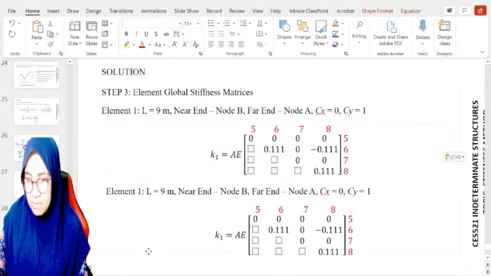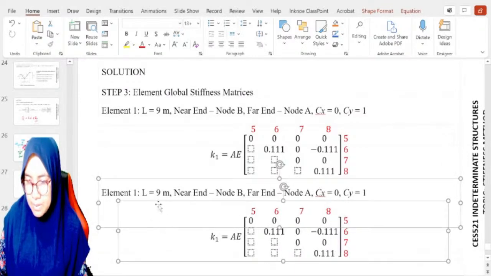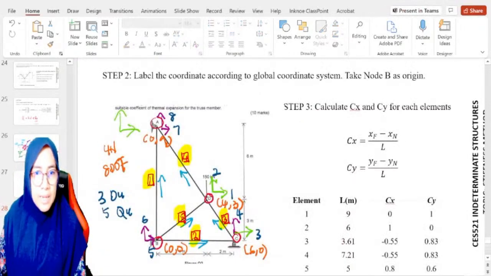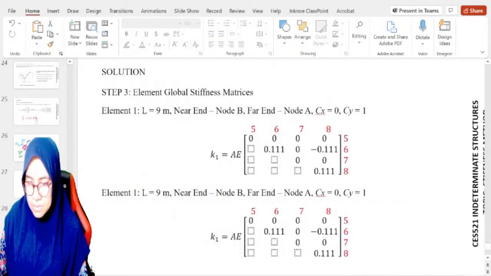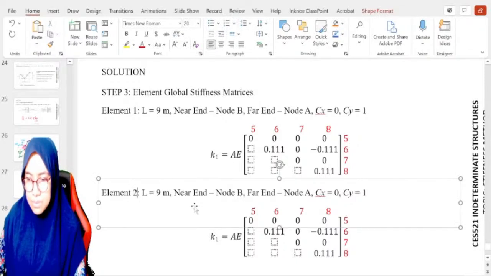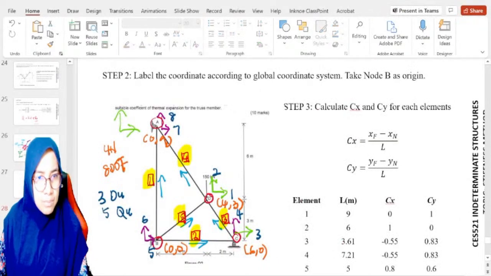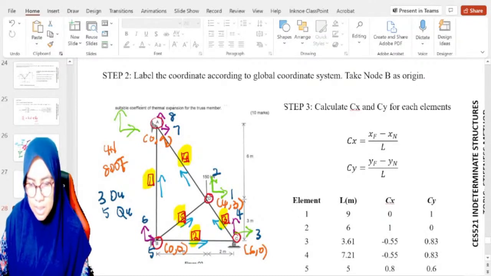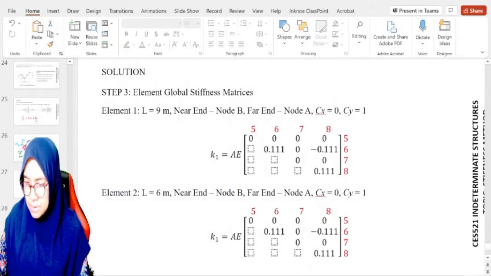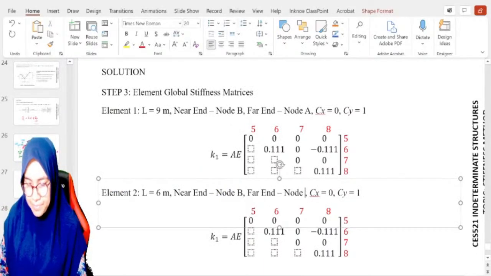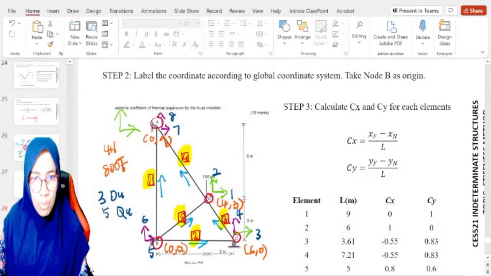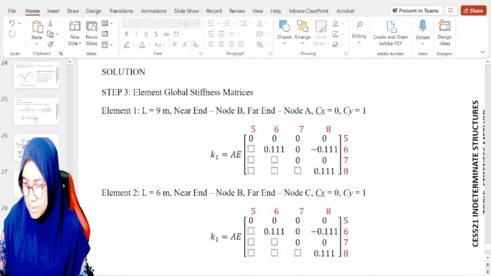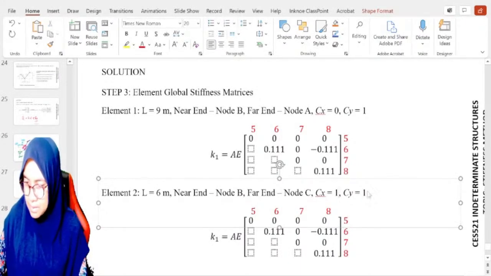For element number 2, we refer back. Element number 2 has a 6-meter length, from B to C, and Cx, Cy is 1, 0.